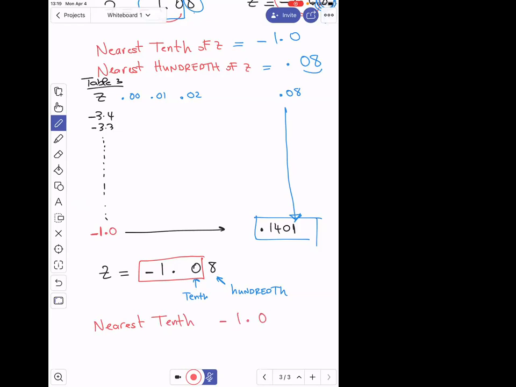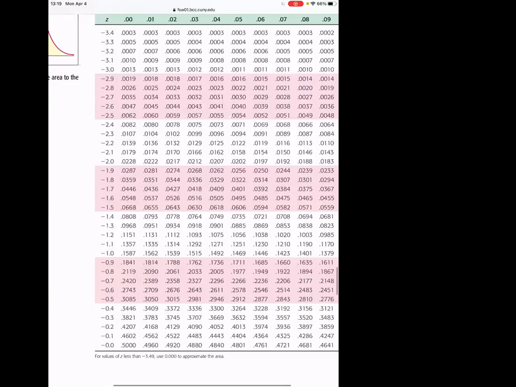The hundredth is this 8 here, so it's 0.08. That's why in the first column of the table we went all the way down to negative 1.0, and then the value corresponds to where your nearest hundredth is 0.08. So that's 0.1401.